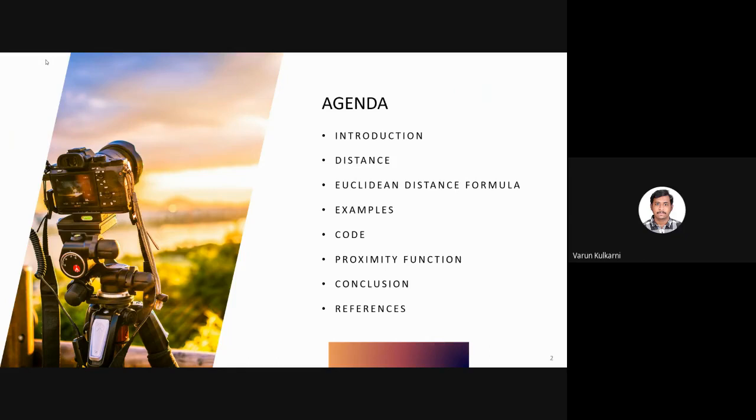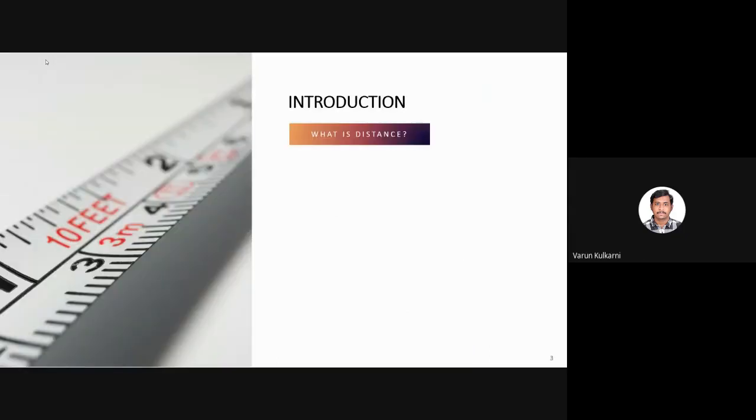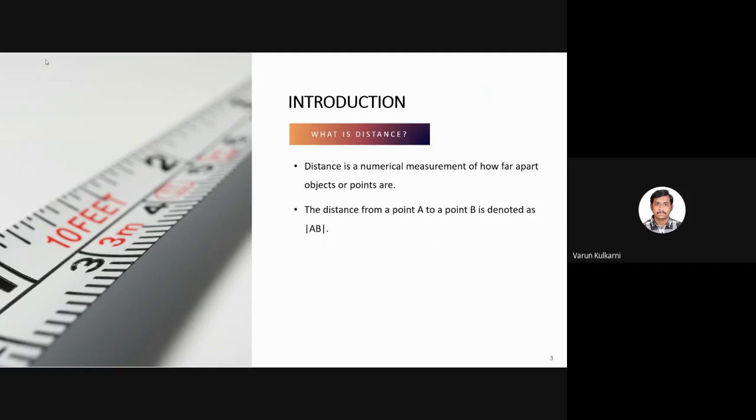So starting with distance, when we talk about distance, we think about 2 points, and we try to measure the space between them. So distance is a measurement of how apart the 2 points are.